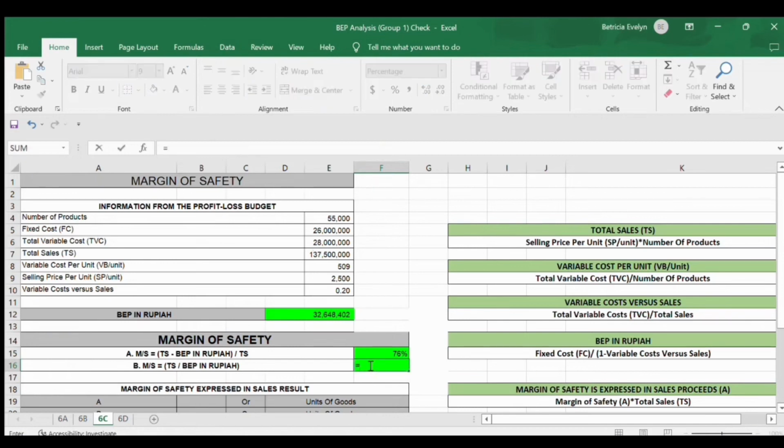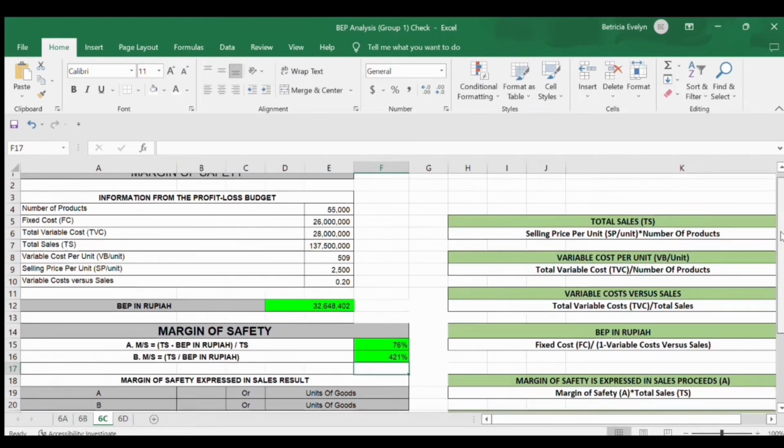So next equals open bracket total sales divided by BEP in rupiah, close bracket, and enter.